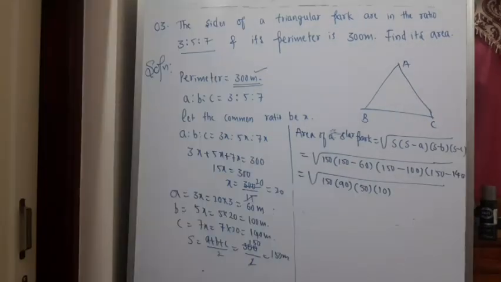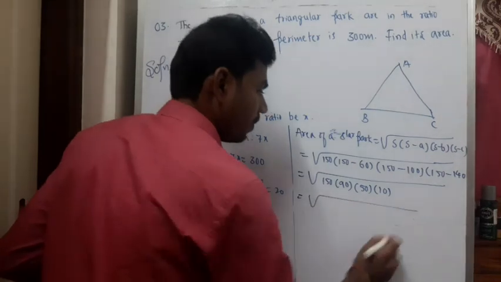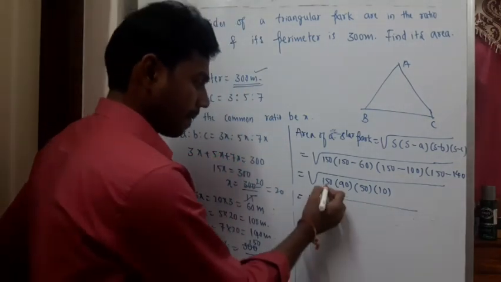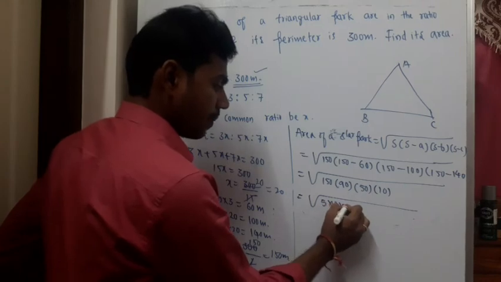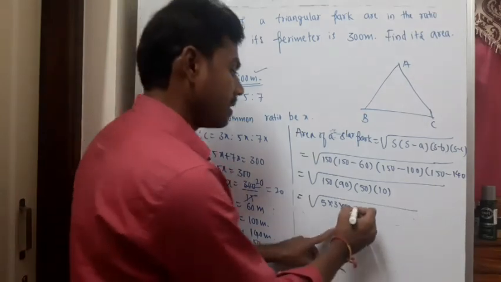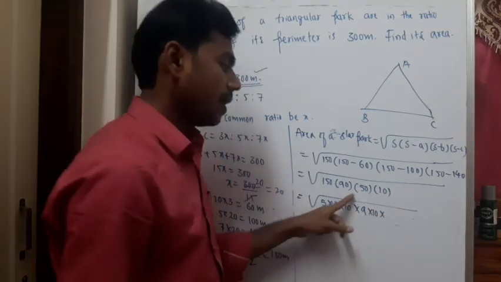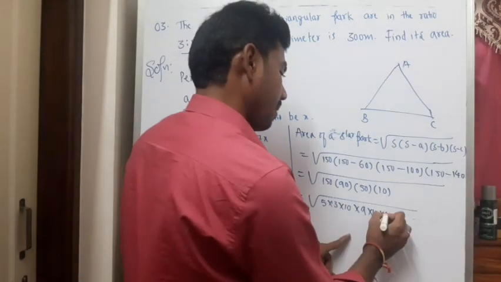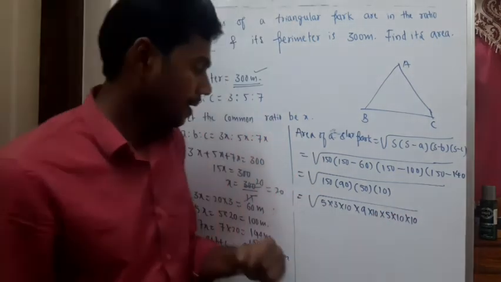So now here, next, 150 can be written as 5 into 3 into 10. 5 3s are 15, 15 10s are 150. Next 90 can be written as 9 into 10. Next 50 can be written as 5 into 10. So I'll keep 10 as it is.